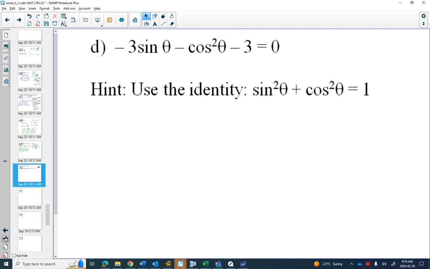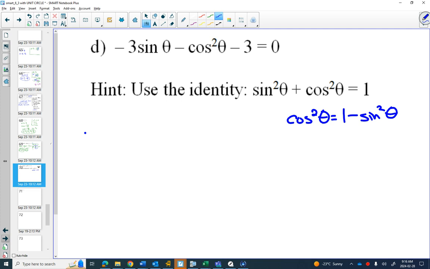In our next unit, we're going to find out that equations that use trig functions and are always true, like sine squared theta plus cos squared theta is 1, are called identities. So our whole next unit is going to be on identities. But if I know that sine squared theta plus cos squared theta is equal to 1, I can get cos squared theta by itself by subtracting sine squared theta on both sides.